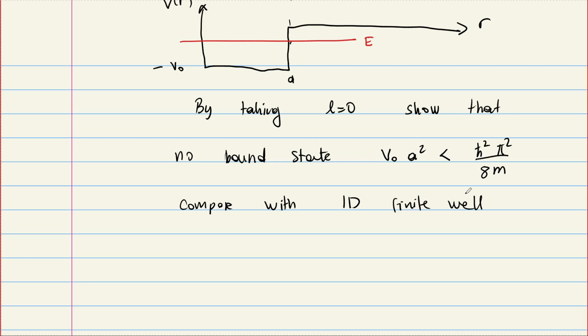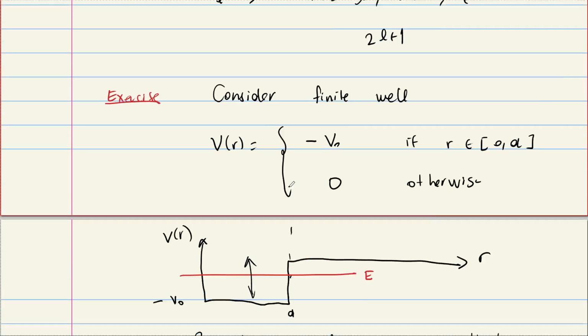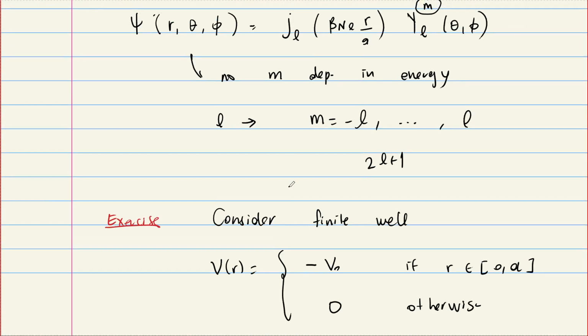It always exists. There is always a bound state in 1D, no matter what V0 is. Even if V0 is infinitely shallow, there is a bound state in 1D. But if you do the same calculation in 3D, that's not the case. You need a certain threshold depth of the well, otherwise your potential does not support any bound states.